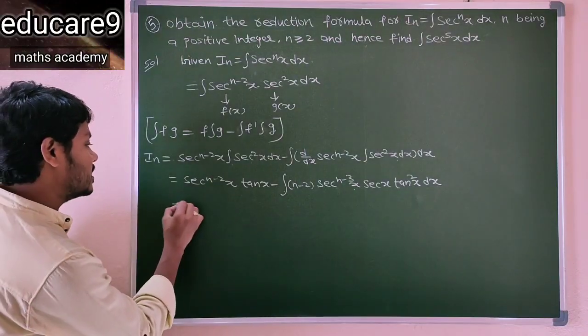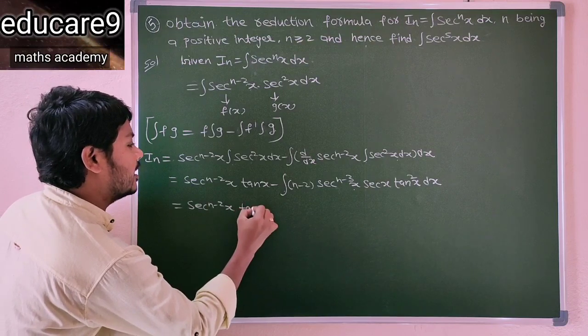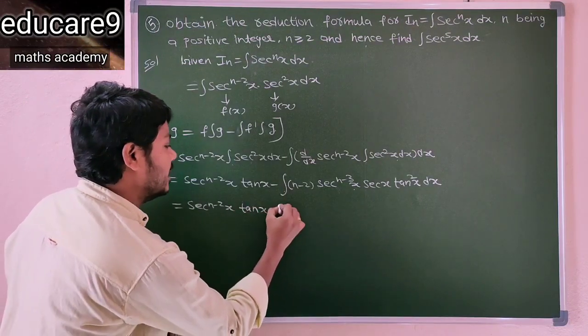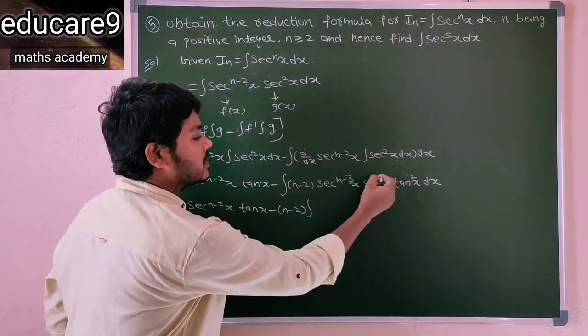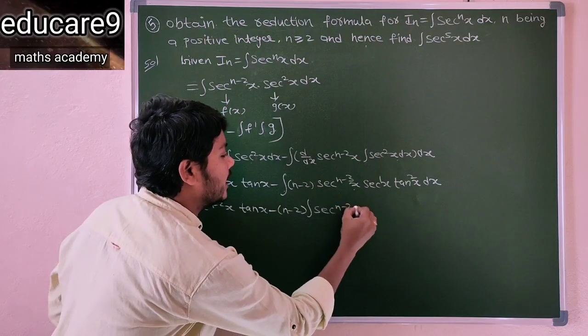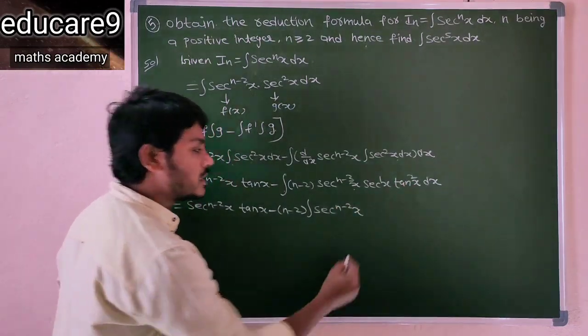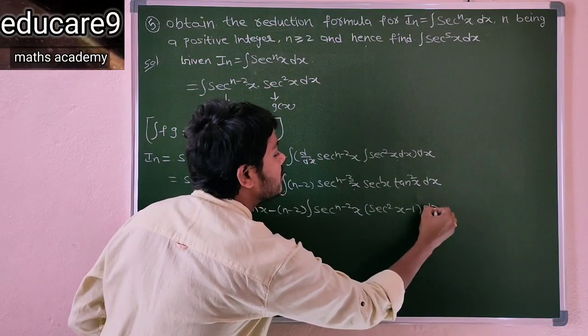So now this is sec^(n-2) x tan x minus (n-2) into the integral of, here n-3 plus 1, you will get sec^(n-2) x. So write tan^2 x as sec^2 x minus 1, dx.